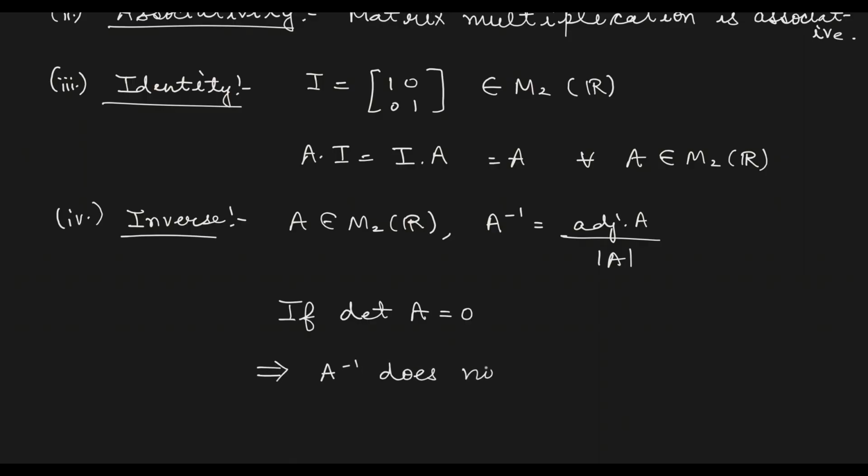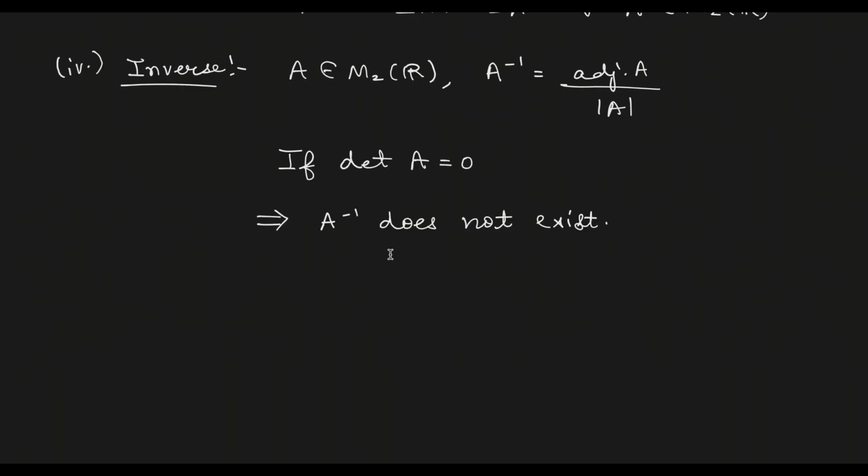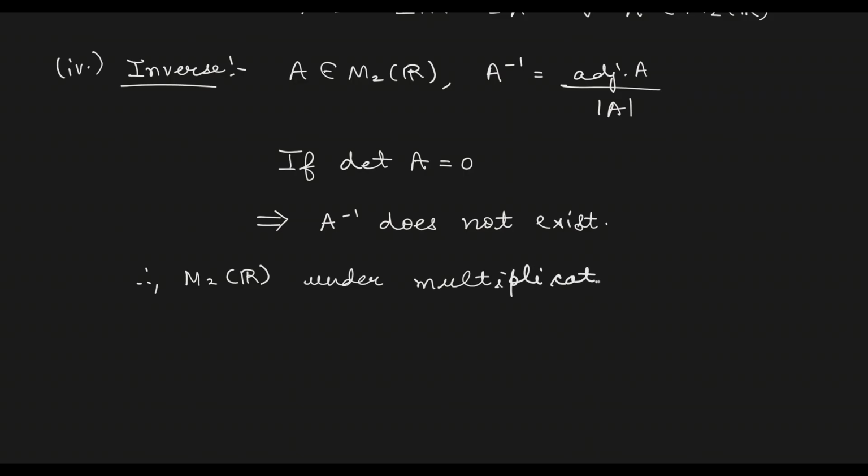Yes, because in this set I have the null matrix also. So this is not a group. Therefore, M2R under multiplication does not form a group.